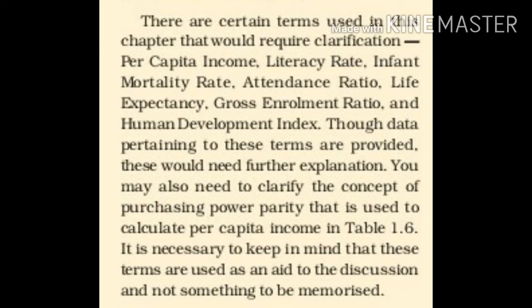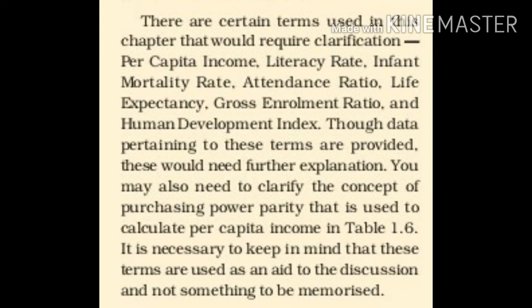Through these indicators, we can also gain knowledge about the development of the nation, and these terms are also helpful to understand these chapters. So I request you to study very hard to get ideas about the chapters.